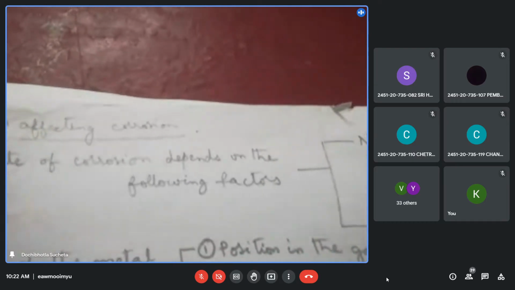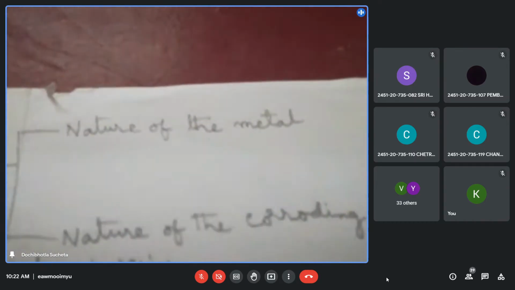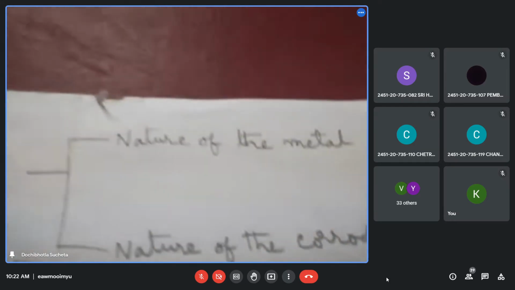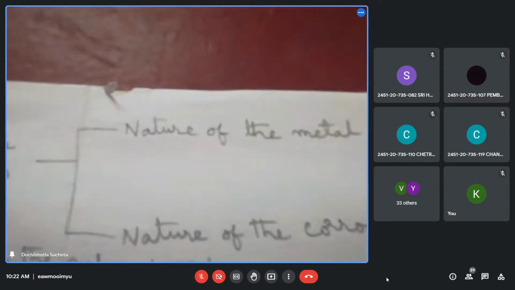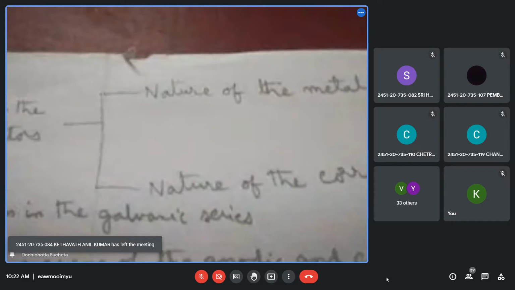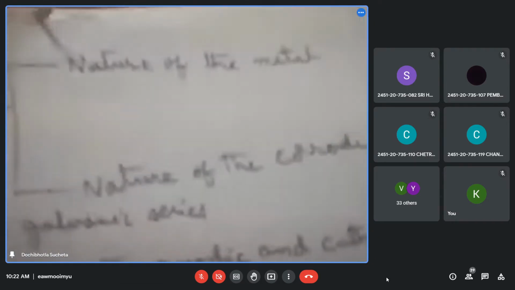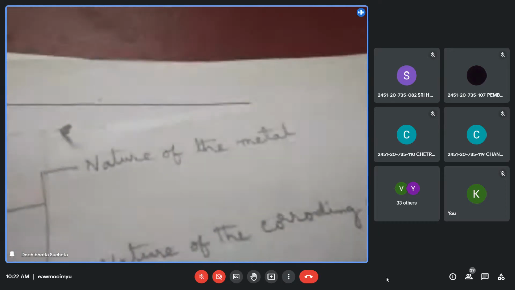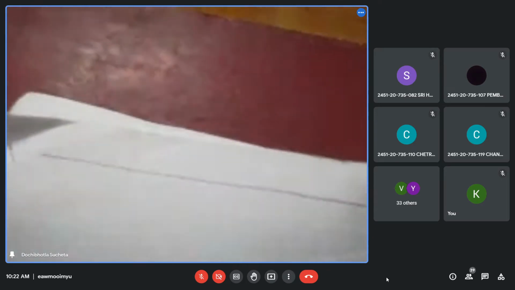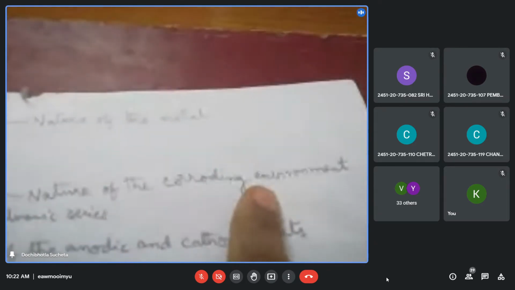The rate of corrosion depends on the following factors. What are those two? Nature of the metal and nature of the corroding medium. So, what's the first point? The rate of corrosion depends upon the nature of the metal and the nature of the corroding environment.